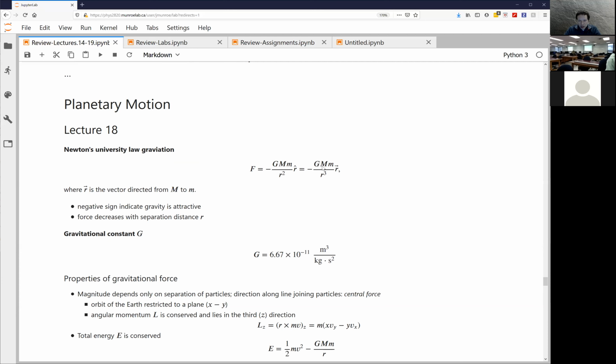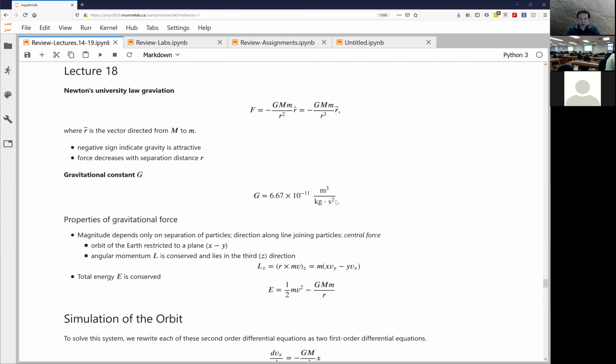This value G, the gravitational constant, in SI units, the International System of Units, is a very small number. When we're dealing with planetary motion, we rewrite this in astronomical units: AU cubed divided by year squared, right? In those units, this number turns out to be mathematically 4 times pi squared.